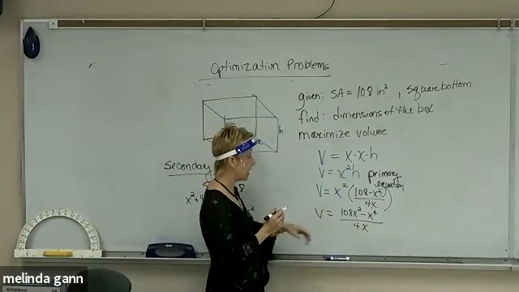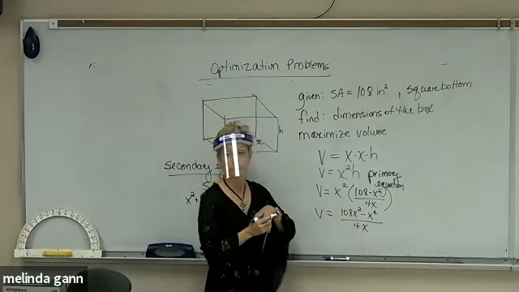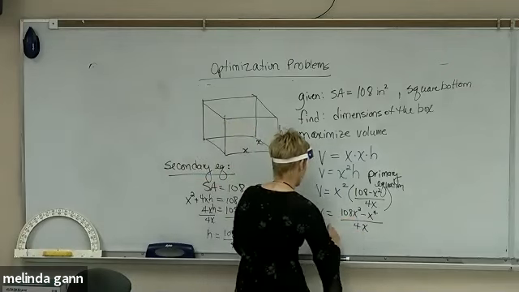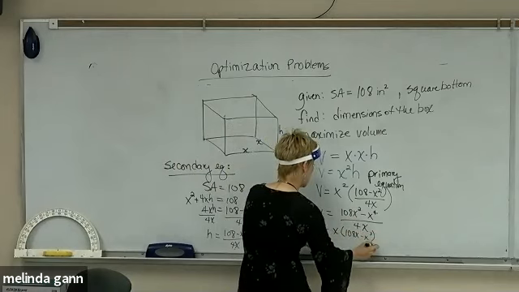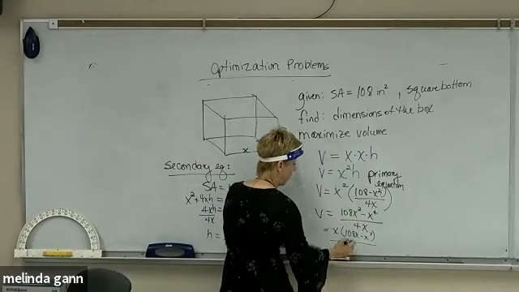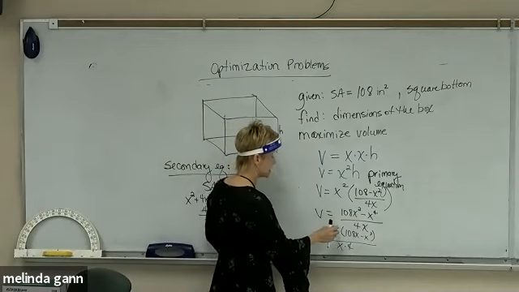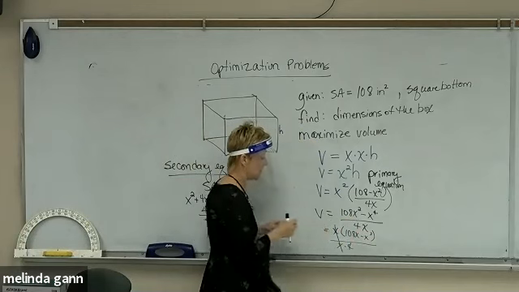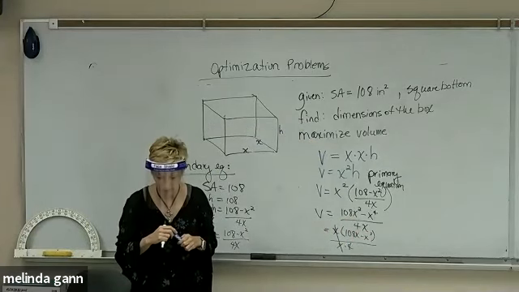I can pull out an x squared, but what can I pull out of the top that will help me on the bottom? An x. So if I pull an x out of the top, that's 108x minus x cubed, all over x times 4, isn't it? 4x. So what will happen to those x's? Won't they divide out? Are we okay?